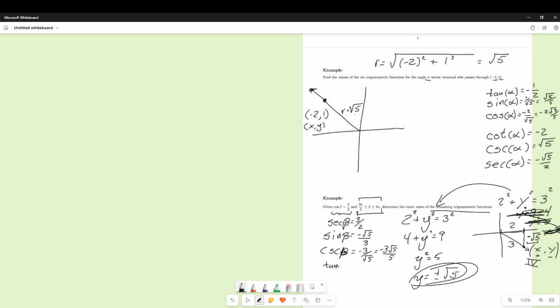Our tangent of beta, our y over x, according to our definition, is negative square root of 5 over 2. And our cotangent, its reciprocal, is negative 2 over square root of 5, which we rationalize into negative 2 square root of 5 over 5.